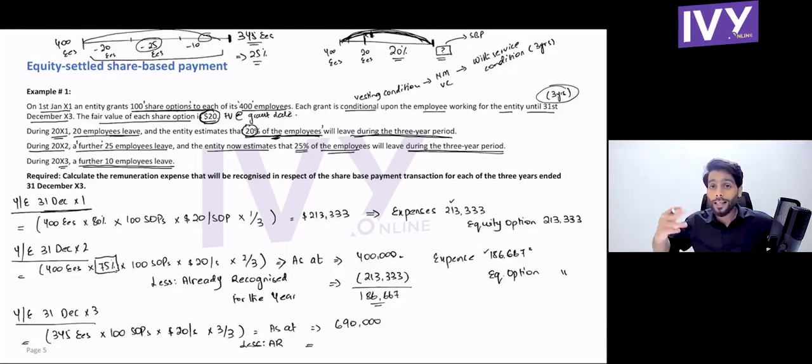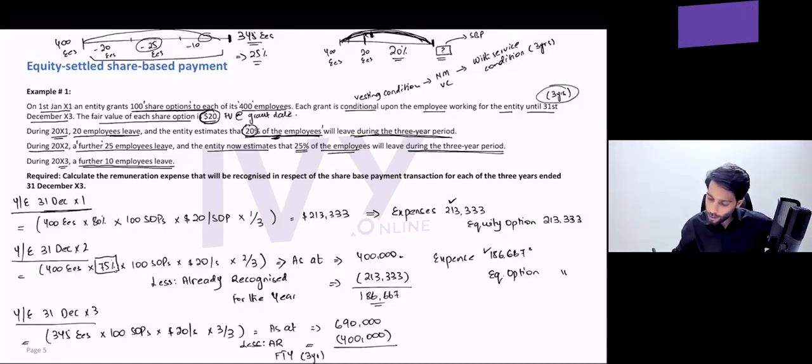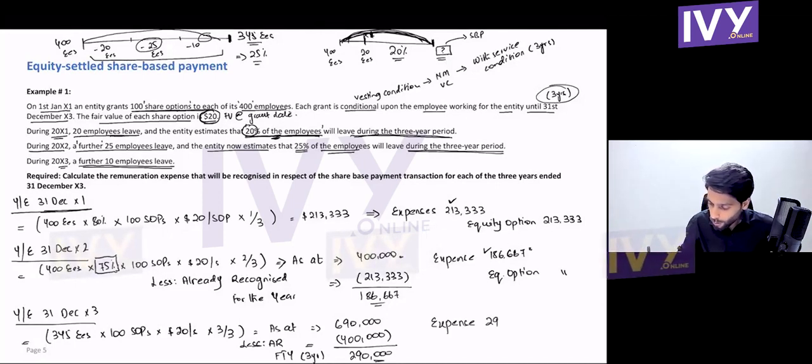We have recognized an expense of 2 years. Here is one and the other one is here. So we had recognized about 400,000 till the year before. And that means for the third year, we have an expense of 290,000, and the accounting entry should be employment expense debit 290,000 and equity option credit 290,000.